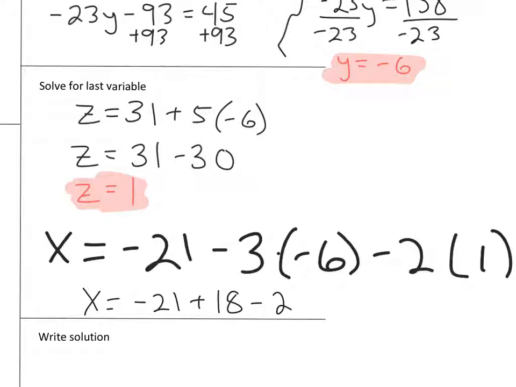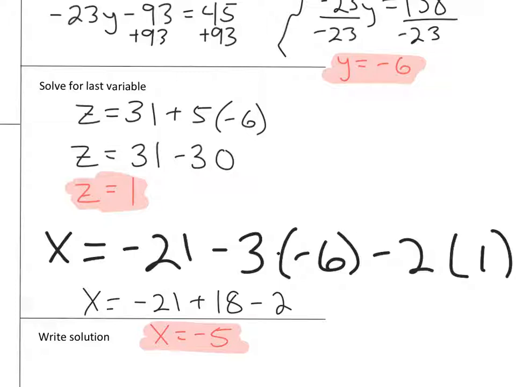So I've got 18 minus 21 minus 2, and I've got x is equal to negative 5. And that is my next red piece.